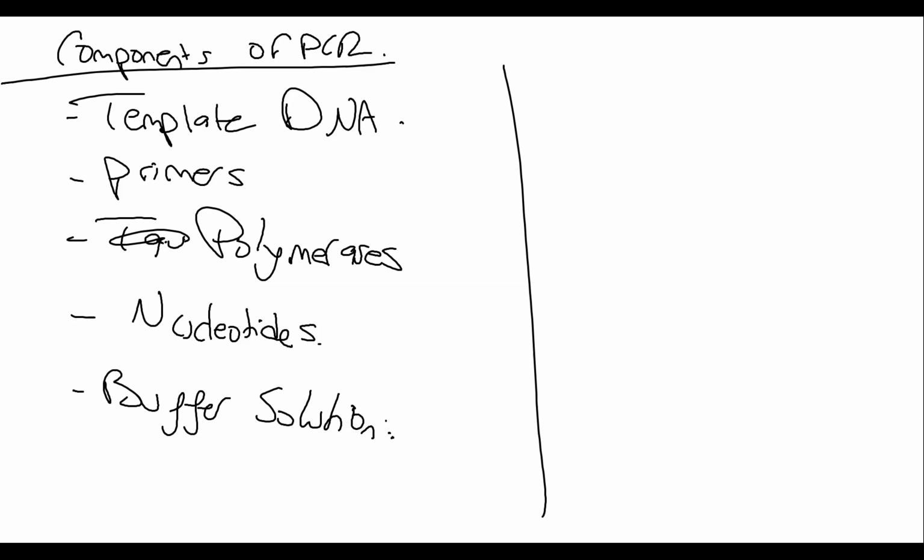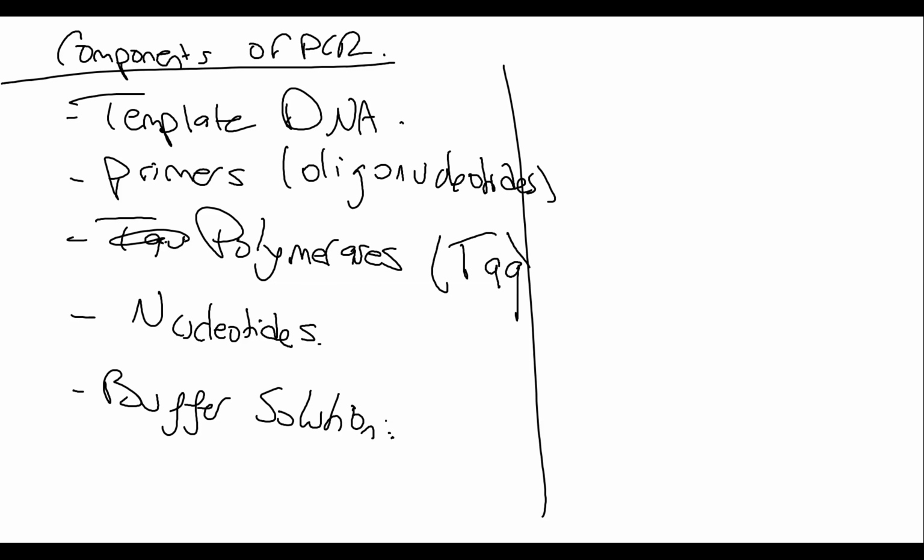The primers are short sequences of nucleotides, also called oligonucleotides. They mark the target DNA's start and end points. They provide a starting point for DNA synthesis. Polymerases, like the Taq polymerase, which is mainly used, are heat stable.